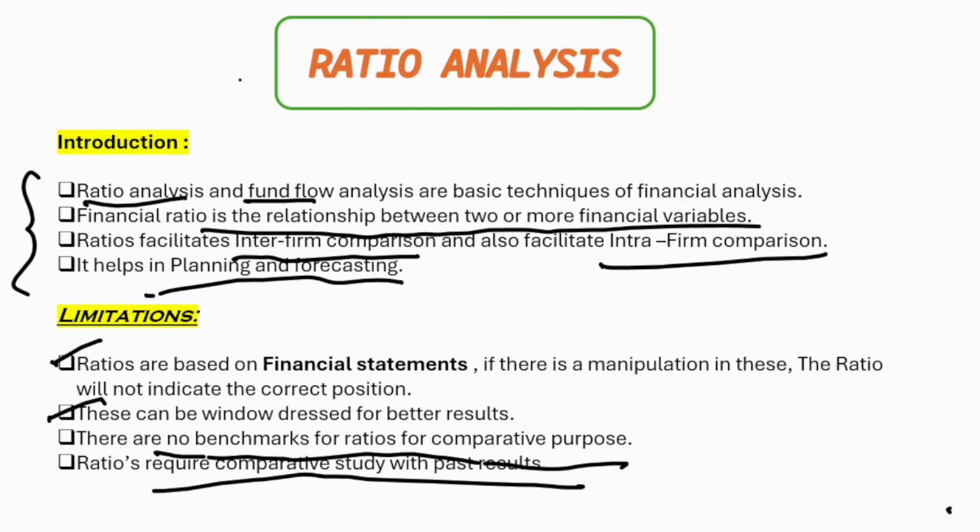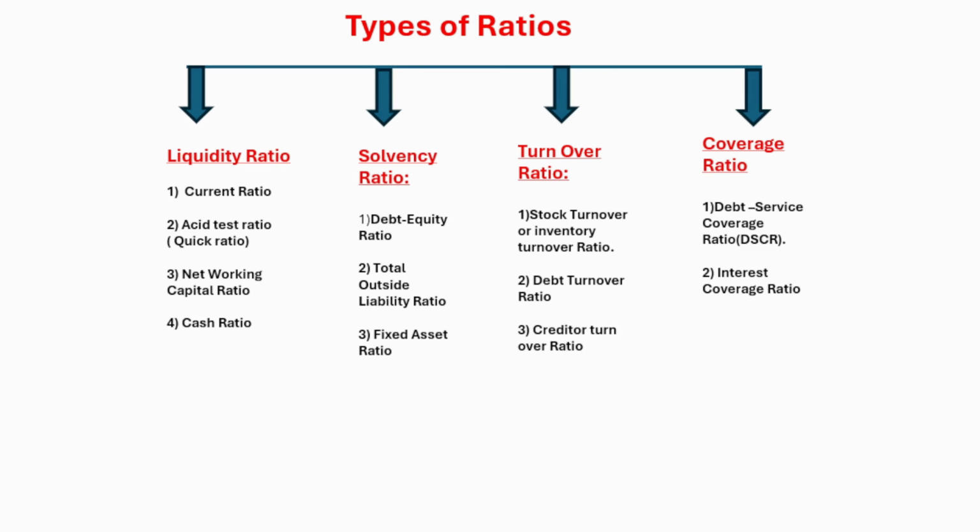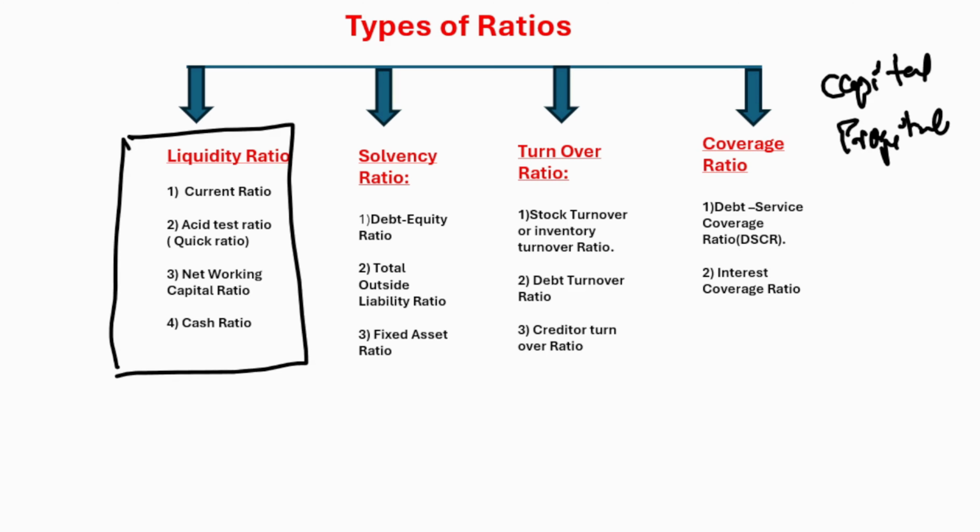Okay, now let's discuss the ratios. What are the types of ratios? I discussed here four types of ratios, and there are also some other ratios, capital ratio and profitability ratio. These I haven't discussed here; I will discuss them later. The first and foremost is the liquidity ratio. This is most important.